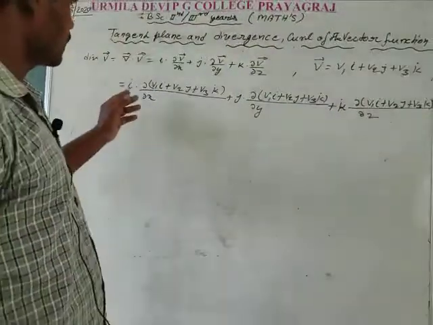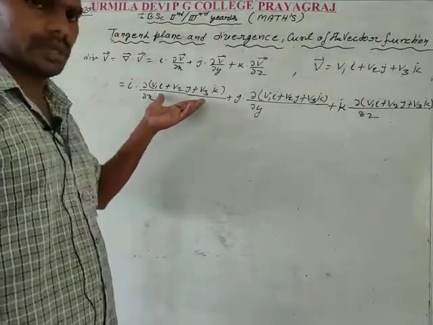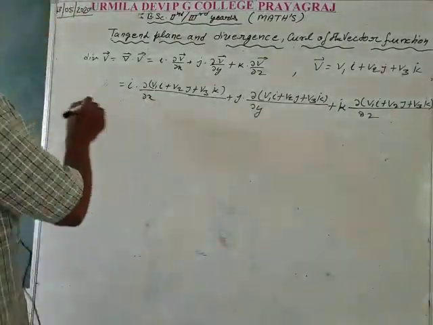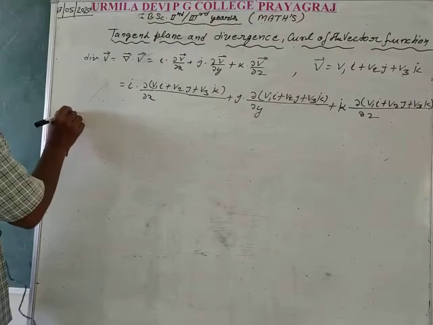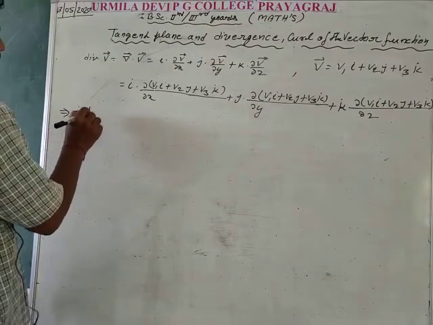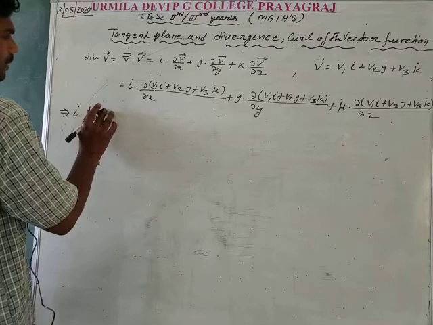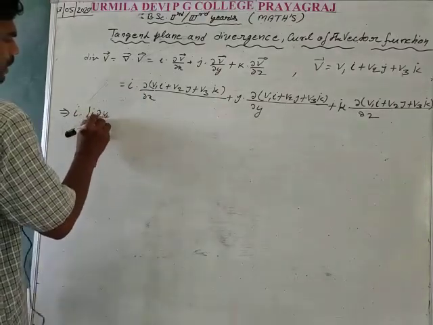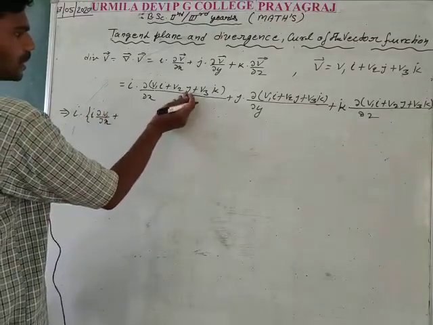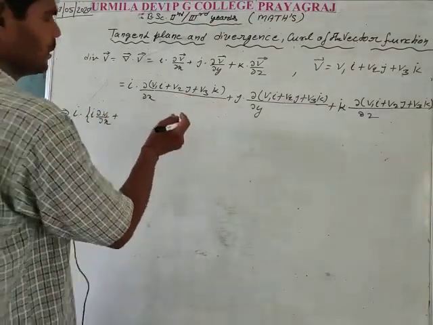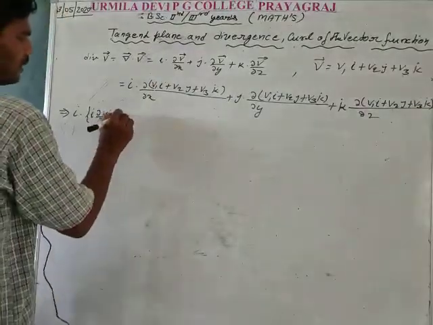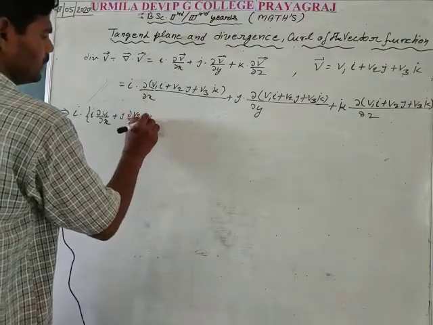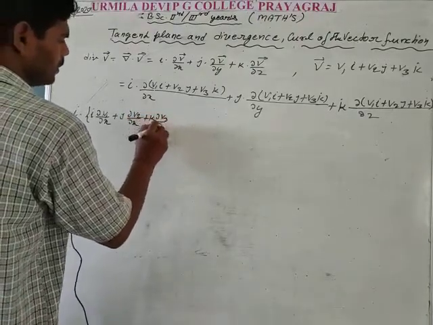Here it is necessary to apply the dot to these brackets, taking partial differentiation of each part and writing in simplified form. So i dot: i is a constant unit vector, so it is taken outside the differentiation of V1 by del x, plus j is also a constant unit vector, taken outside, times del V2 by del x. Similarly, k times del V3 by del x.